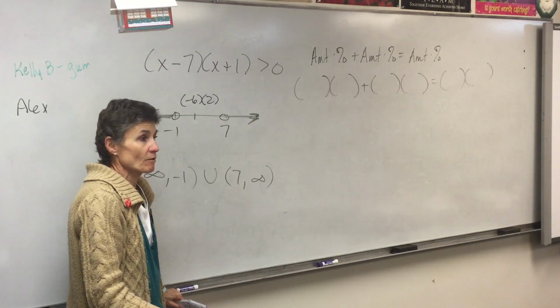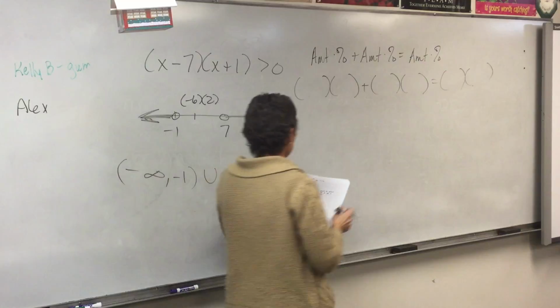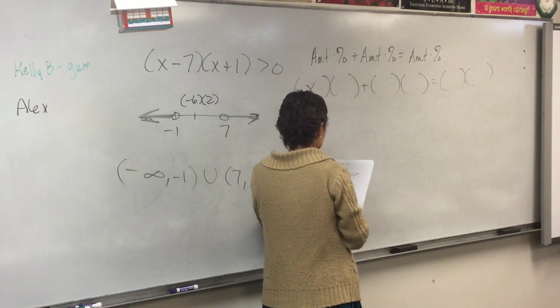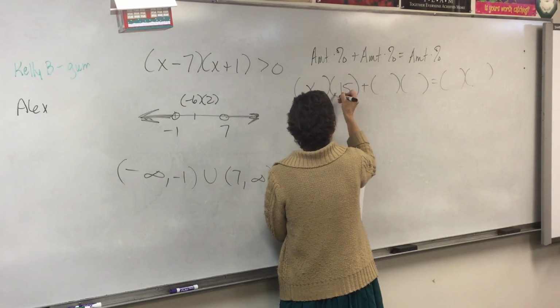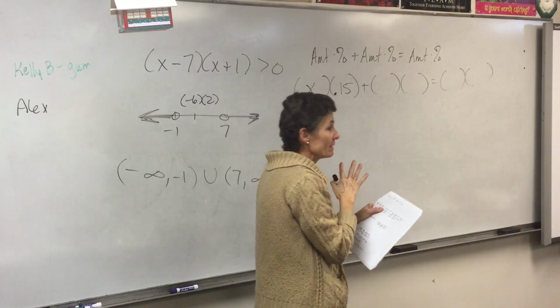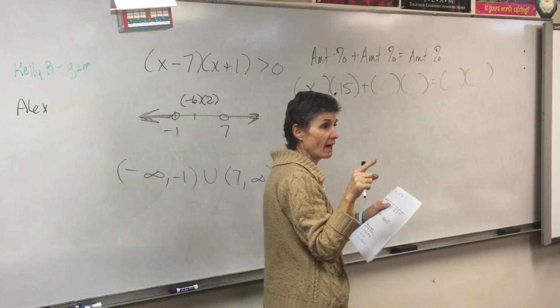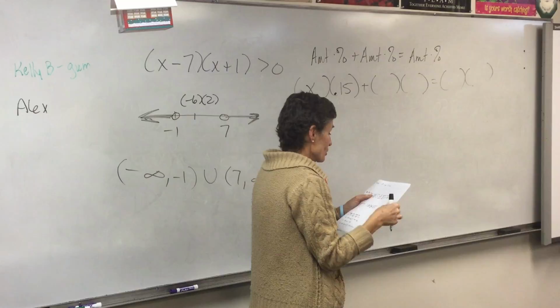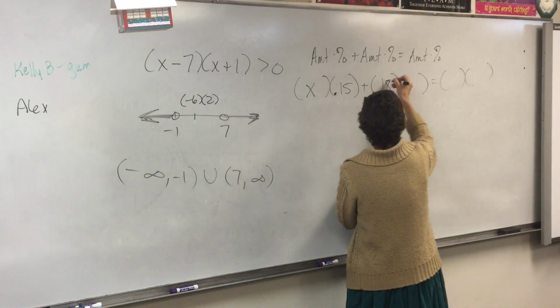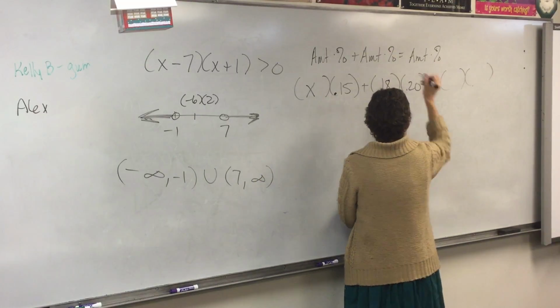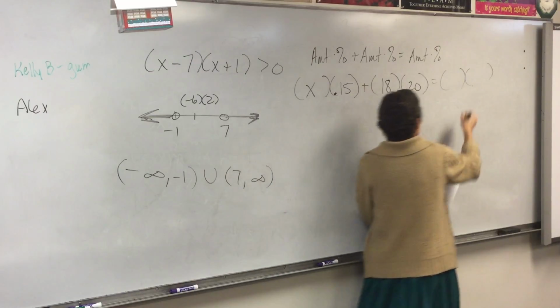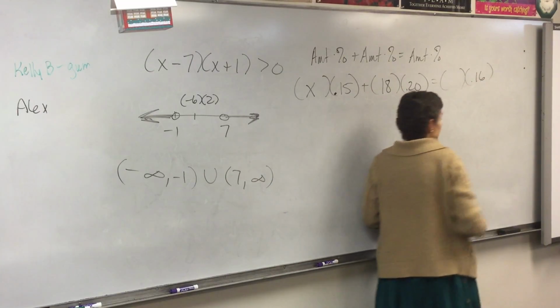All right, so here we go. We start filling in the amounts and the percents. So how much? 15%, and just like before, I don't put in 15, I put in 0.15. It should be mixed with 18 gallons of 20% to get a mixture that is 16%.